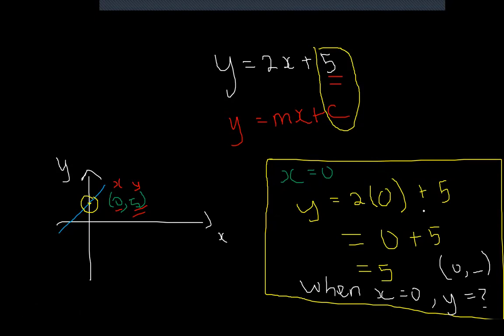And this is how you would work it out. Instead of putting x, you put 0, and it is 5. But instead of doing all this, the rule states that c is always the y-intercept. This was just explaining why c is always the y-intercept.